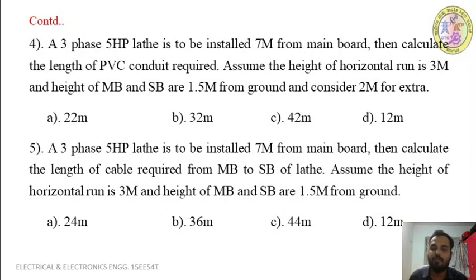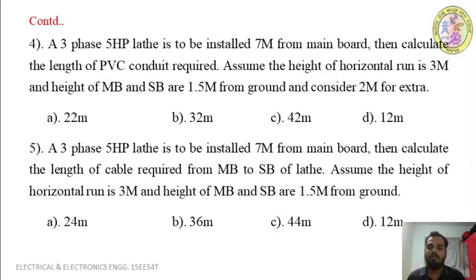The length of PVC conduit is equal to vertical rise plus vertical drop plus horizontal run plus extra, right? So what is the vertical distance? 1.5 meter from your main board to the horizontal run, that is the vertical rise, plus 1.5 meter vertical drop from the horizontal run to the starter board of your lathe.